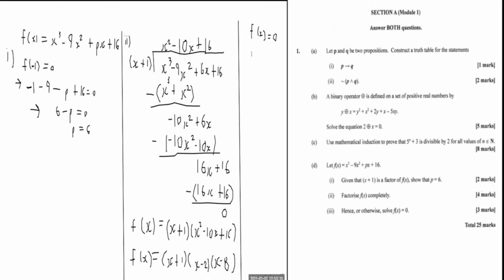We're solving x plus 1 times x minus 2 times x minus 8 is equal to 0. This is what we're solving. And if that's what we're solving, we're going to get x equals minus 1, or x is equal to 2, or x is equal to 8. That's how we solve f of x.